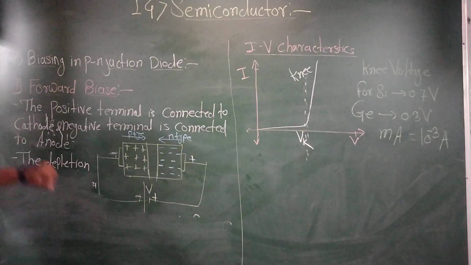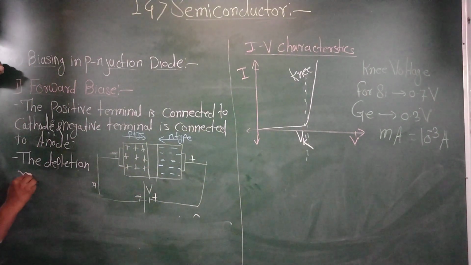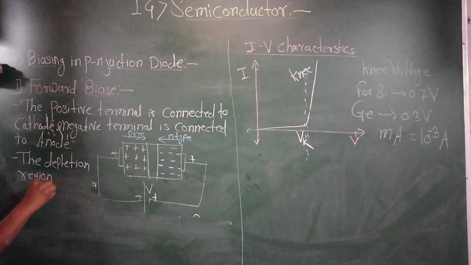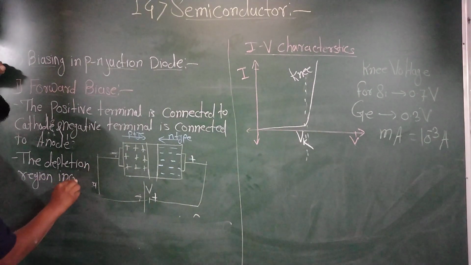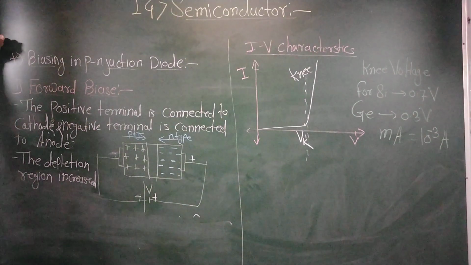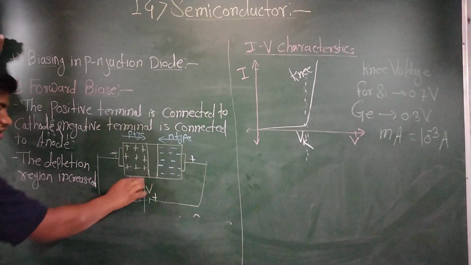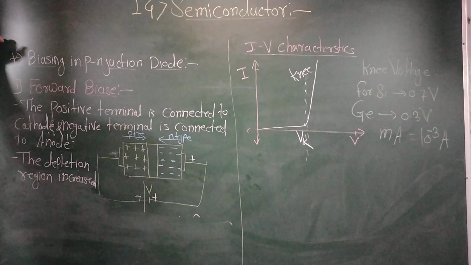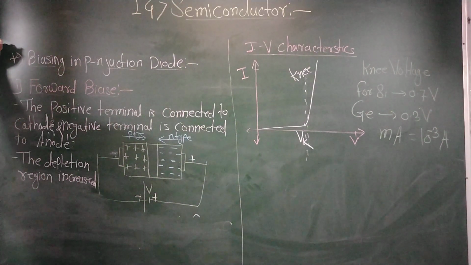If the depletion region increases, the PN junction has a high resistance.